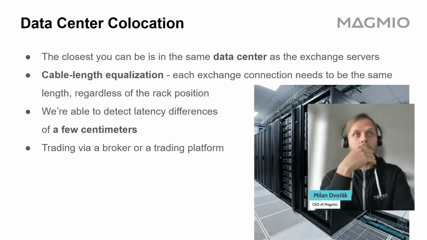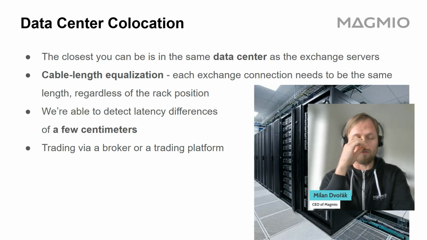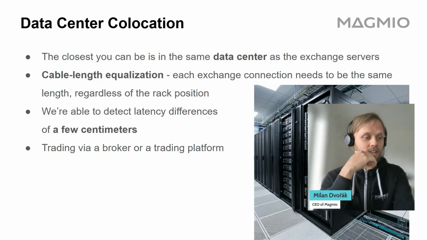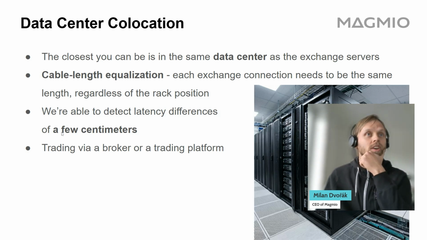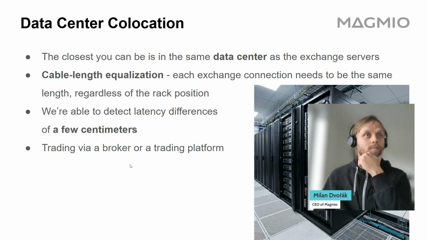And after some debugging, we figured out that even though we had two cables that were supposed to be the same length from the vendor, there was a few centimeters difference, and it already showed in the measurement, and the latency differed. So that's how far we've moved in the space of low latency and fairness.